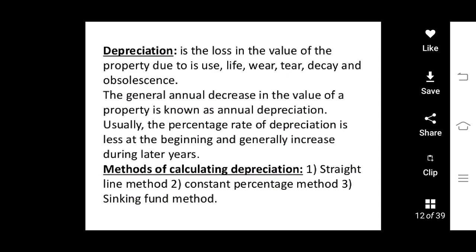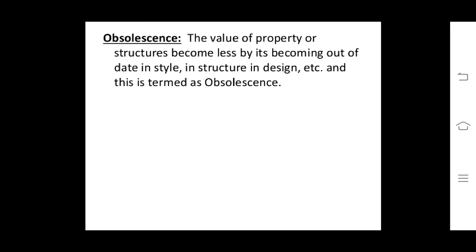The general annual decrease in the value of property is known as annual depreciation. Usually, the percentage rate of depreciation is less at the beginning and generally increases during later years. Methods of calculating depreciation: straight line method, constant percentage method, sinking fund method.